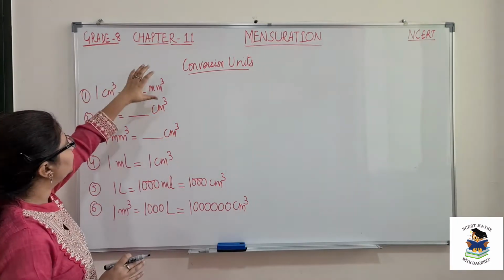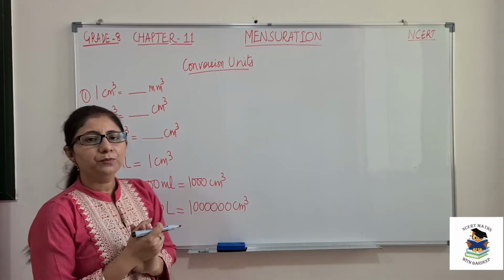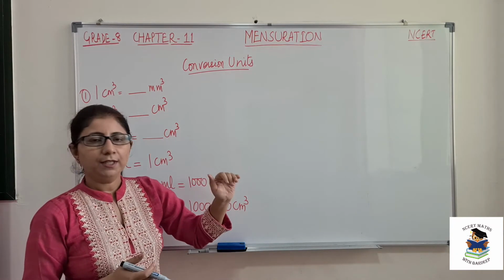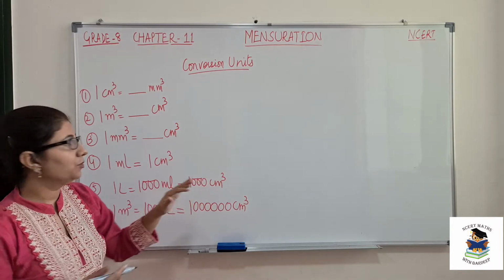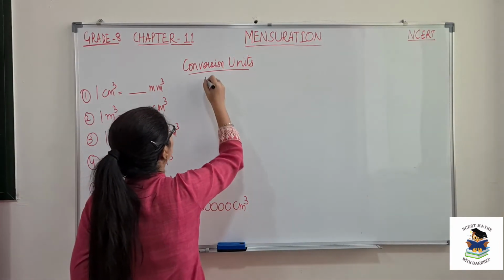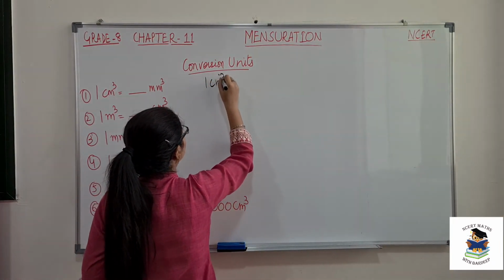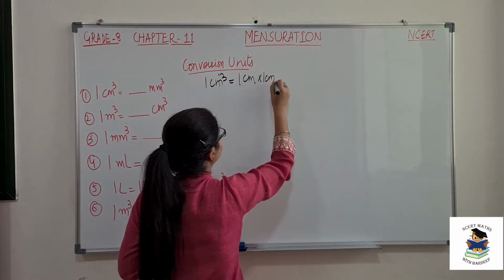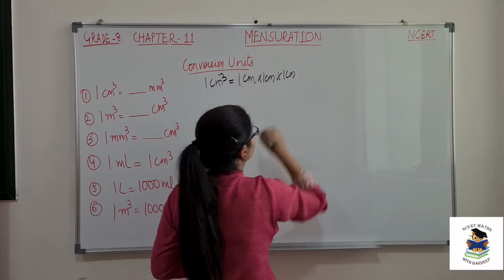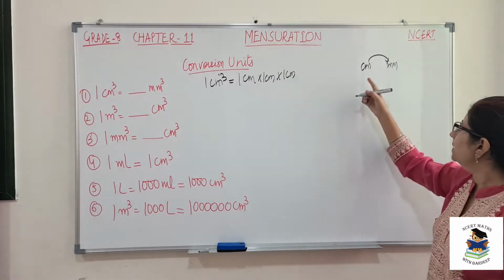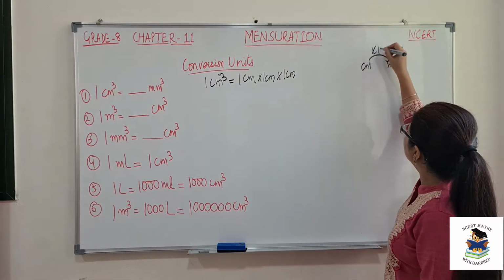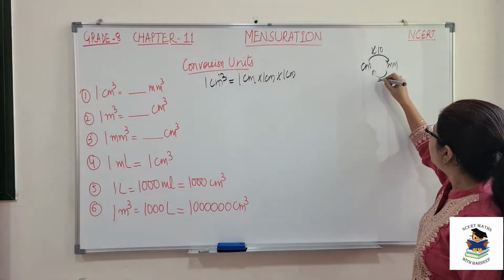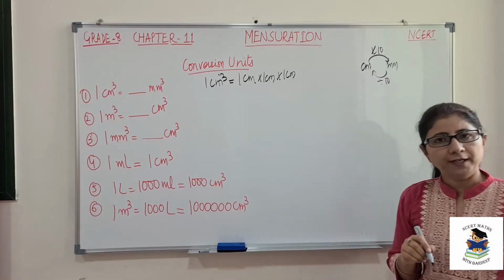That is 1 centimeter cube is equal to how many millimeter cube. This is sometimes very confusing for kids, so I am giving you a simpler way to solve. 1 centimeter cube means 1 centimeter into 1 centimeter into 1 centimeter, right? And we know how to convert centimeter to millimeter: this will be multiplied by 10, and if it is millimeter to centimeter, it should be divided by 10.